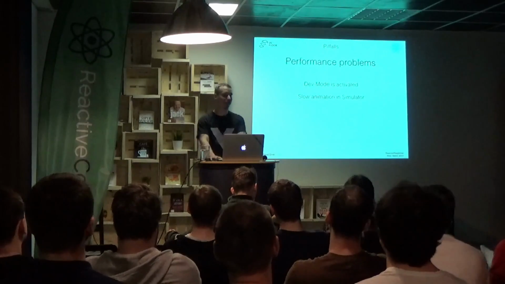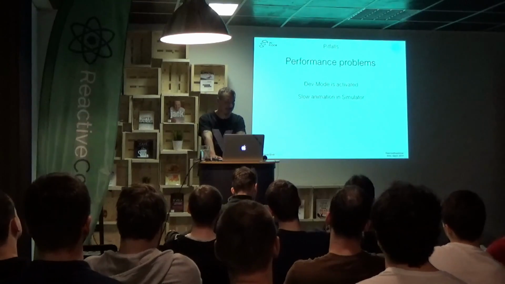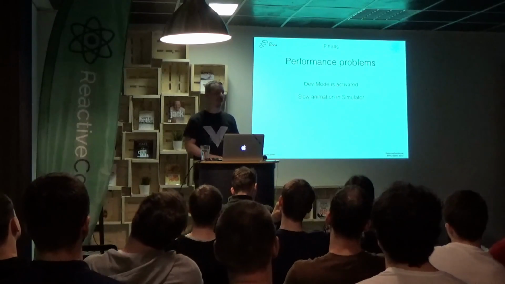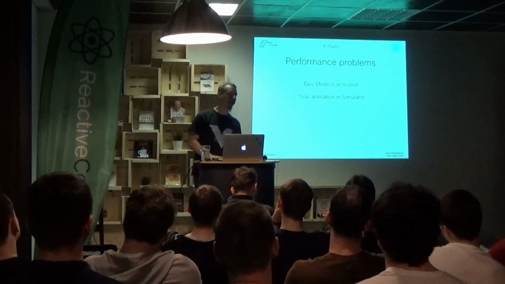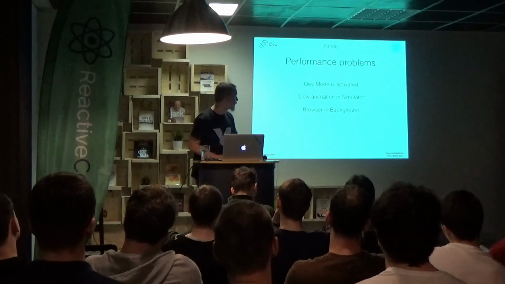And the third thing that I think was funny: we observed spontaneous drops in performance, mostly when we were presenting the app to the customer via Google Hangouts. The reason was quite easy.